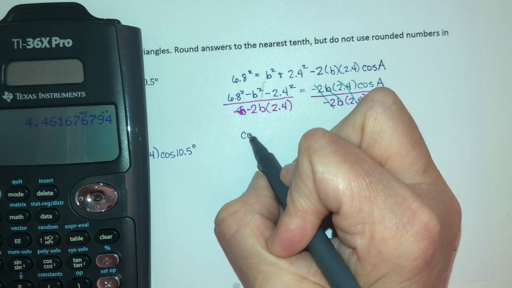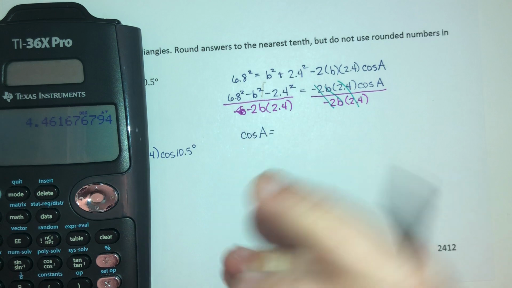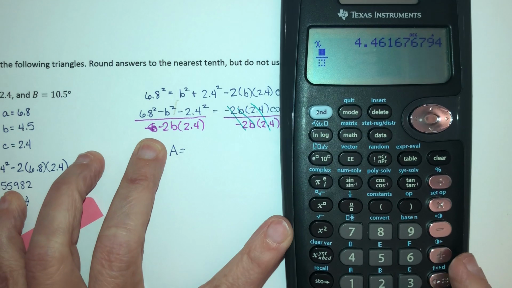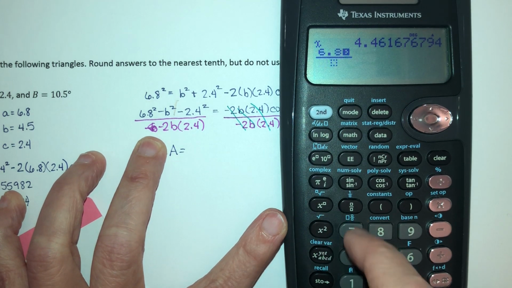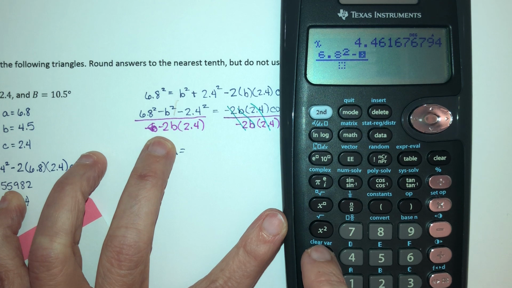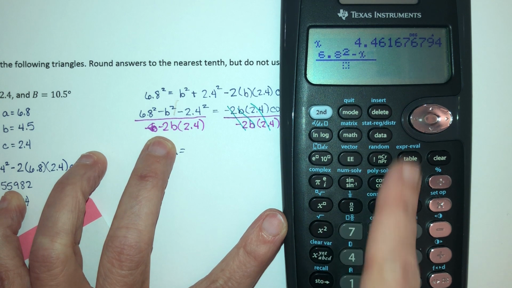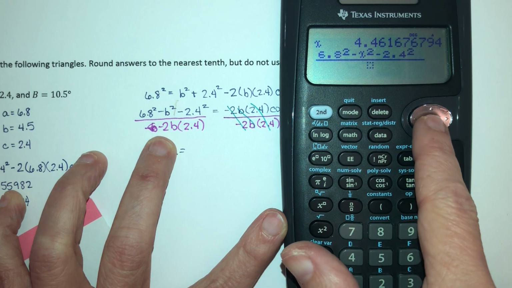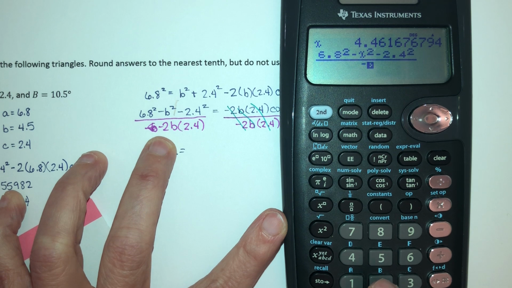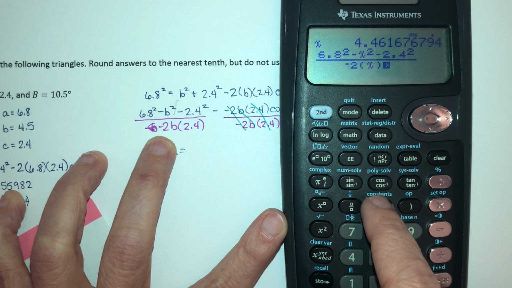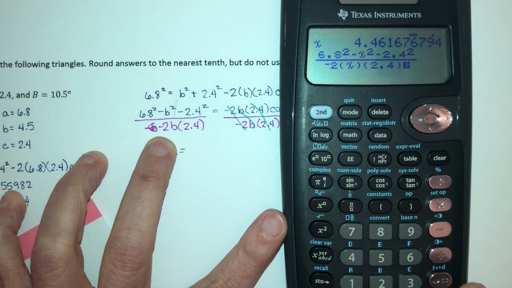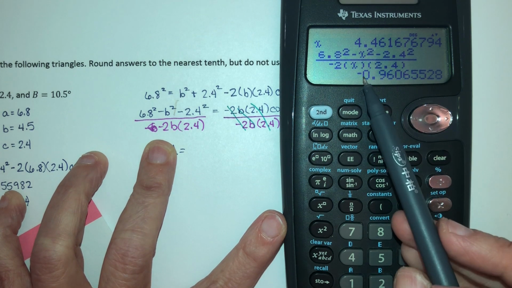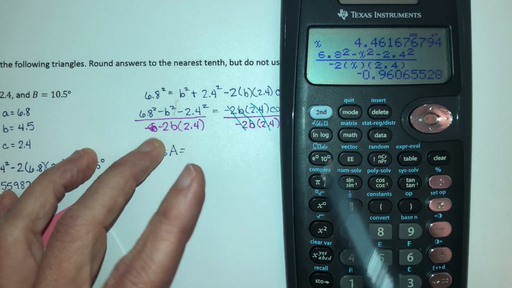So what do I have? Cosine of angle A is equal to, now I'm going to plug this into my calculator. So I have a fraction, 6.8 squared minus B squared, which I have B plugged into my variable X, minus 2.4 squared. And this is over negative 2 times X times 2.4. And I have approximately negative 0.960, so on.